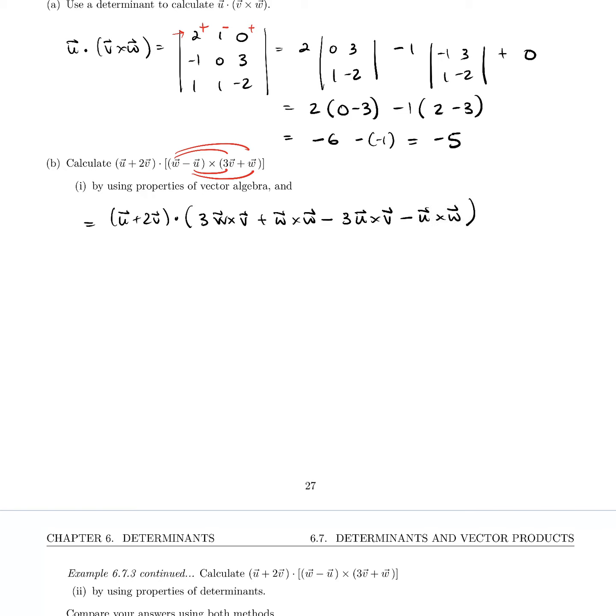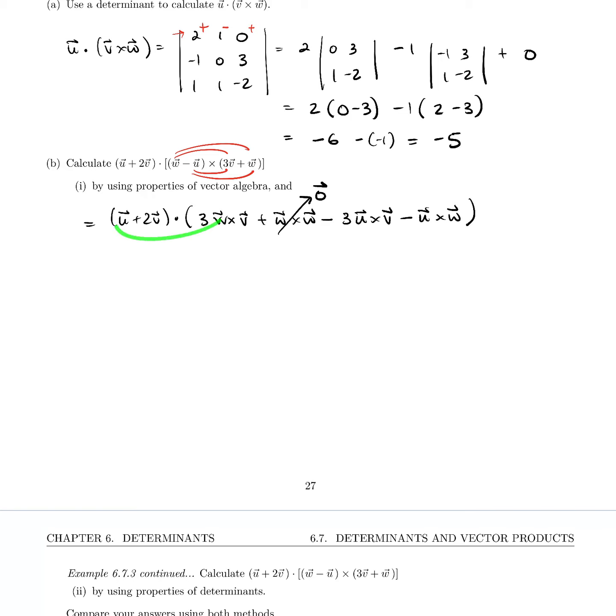Now, one of these is nice. The vector cross itself gives us the 0 vector. And then let's take a quick look. We've got v, w, and v, u and v, and u and w, so nothing can be simplified more within that bracket. And so we're going to distribute the dot product.